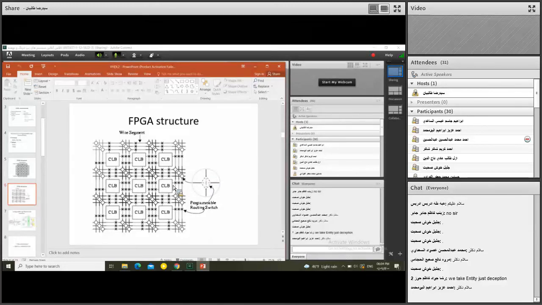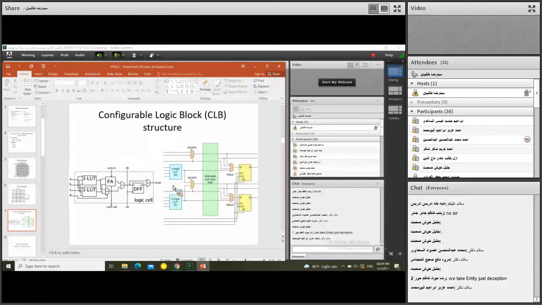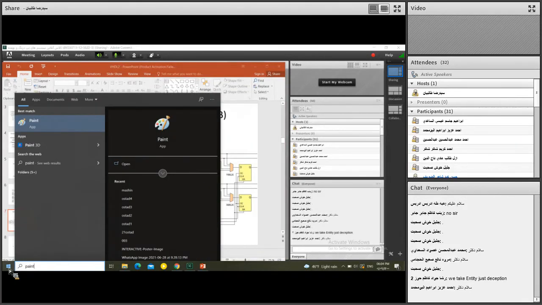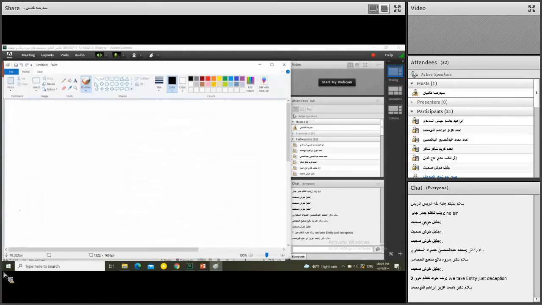And the other part is the configurable logic blocks, the logic blocks that implement all logic functions, and we want to speak about them. Each logic function can be stated by a truth table.